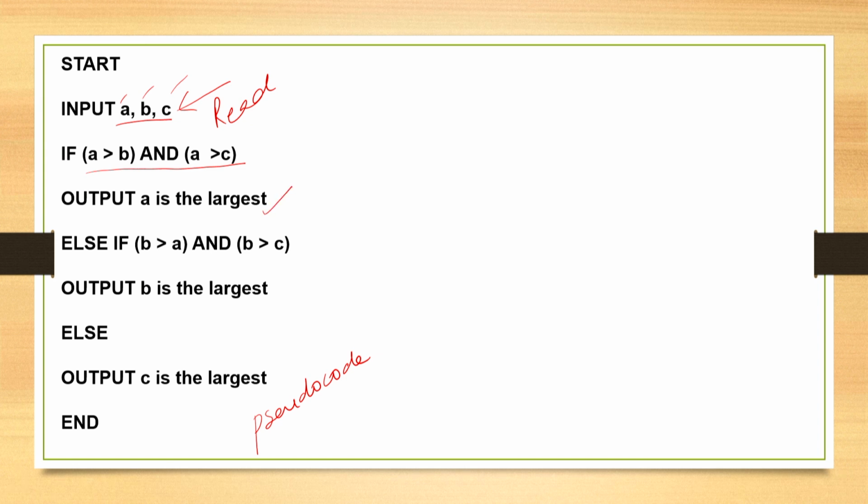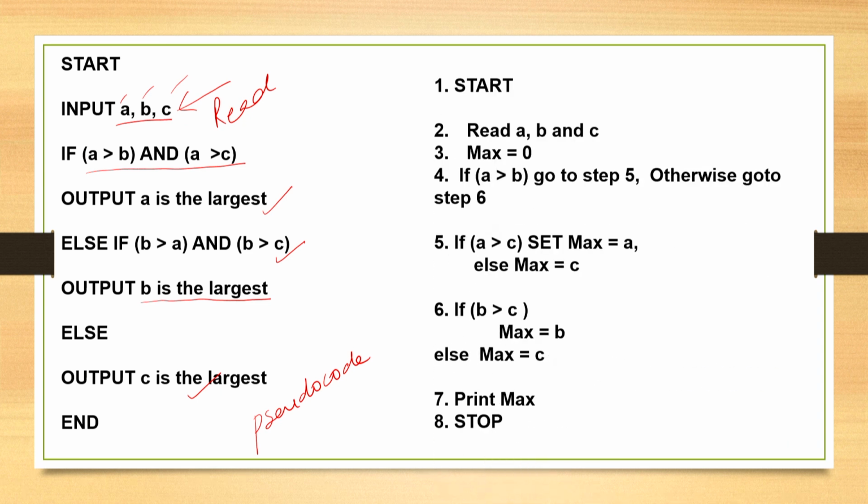Output A is largest. Else if B is greater than A and B is greater than C, then it means what? B is largest. Otherwise, that is else, output C is largest. So, this is the pseudocode for finding the largest among three numbers.